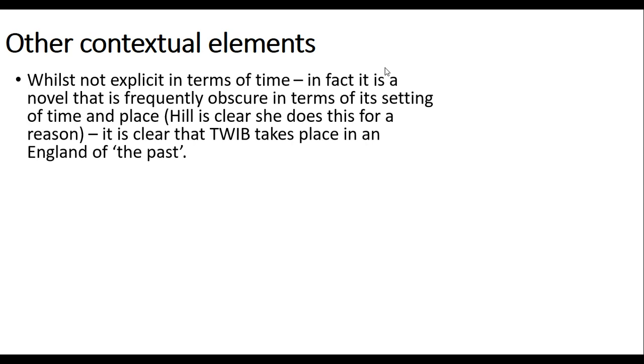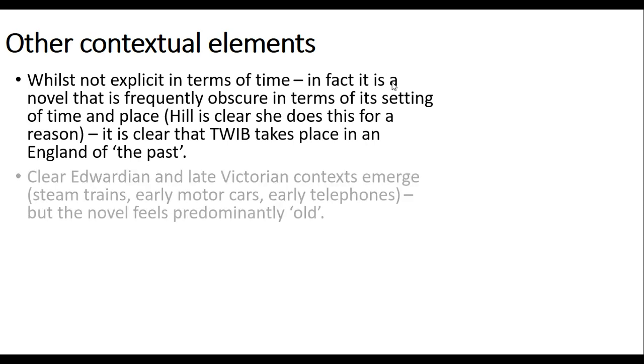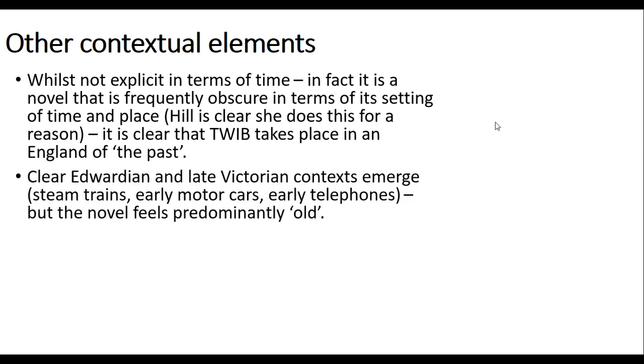The same thing is true of the time frame. It takes place in a past that at various times feels Edwardian or late Victorian, sometimes early Victorian. So we can see that there are elements of that Edwardian, late Victorian context: steam trains, motor cars, telephones, but still the novel feels old.